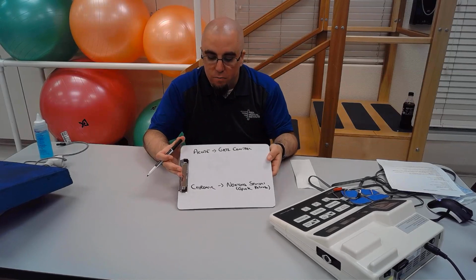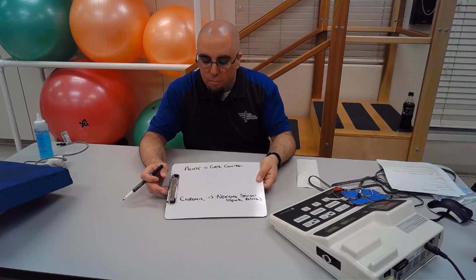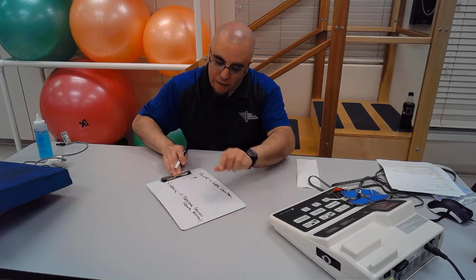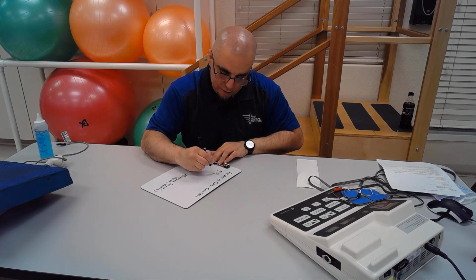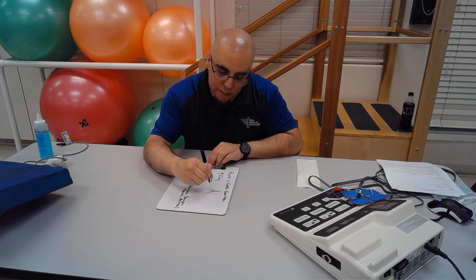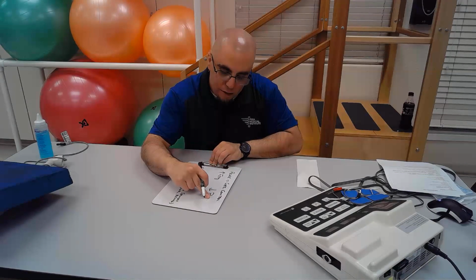So with the acute patient up here, we want it to hit really fast because we want it to basically be really quickly rubbing their head or rubbing their injured area. So with the acute patient, we're going to have a high frequency. Now the frequency and pulse width are inverse of each other. So if we're going to have a high frequency, we're going to have a low pulse width. That's an L.